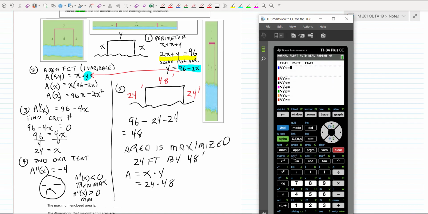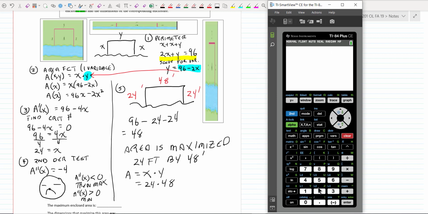Let me get my calculator out. That'll give us the maximum area. So 24 times 48 is going to give me 1,152 square feet. All right, so this is your answer to the problem. These are the dimensions, and that's the maximum area.